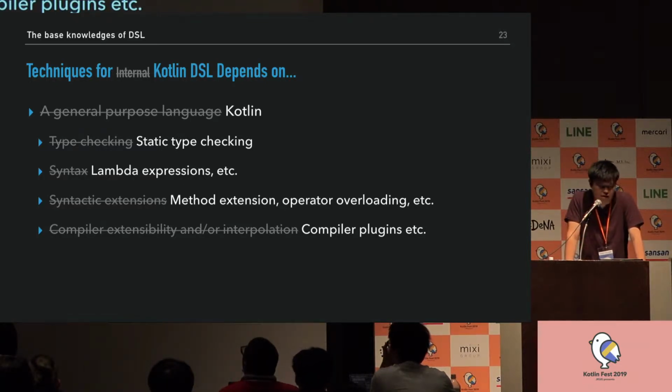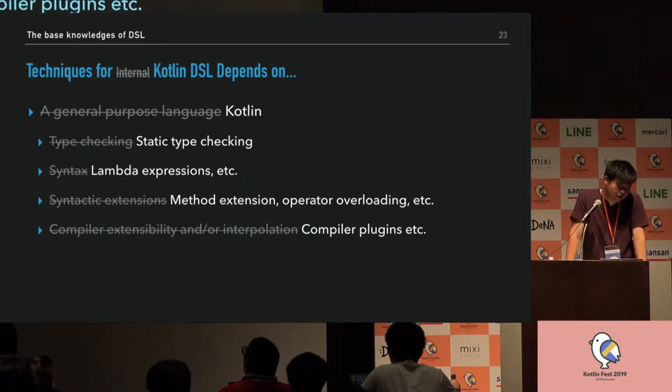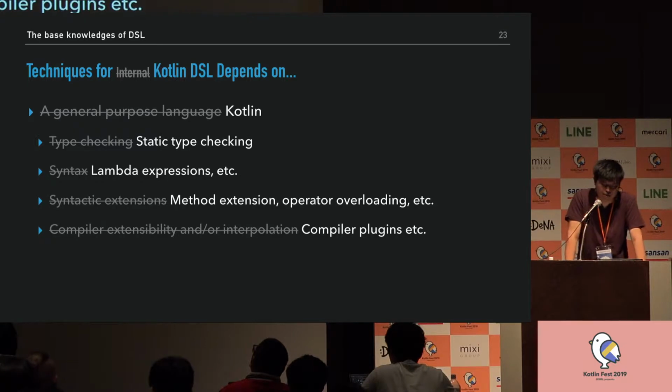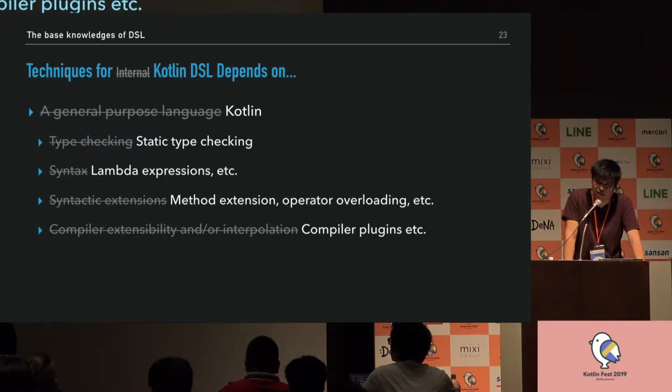Types are checked from calls at the compile time. And also, we can use Lambda expressions and so on. Kotlin has extension method, operator overloading, and extra for the syntactic extension. The compiler system of Kotlin is extensible through plugins and some built-in features which interpret the compiler.